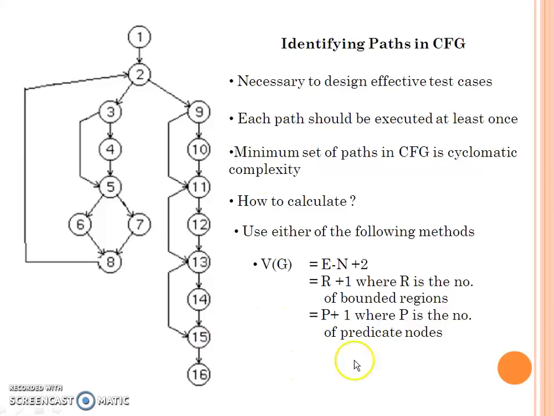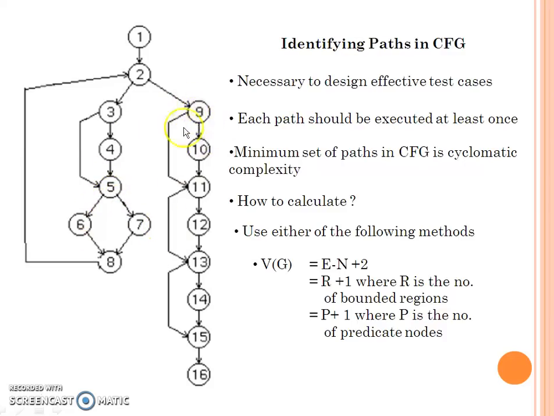And finally, we can use the third formula, where P stands for the number of predicate nodes. Predicate nodes means nodes which have the out degree more than 1. That means more than one edge is emanating from that node. One such is in node number 2, where we have 2 branches. Similarly, another one is at node 3, there are 2 branches. One is at 5, there are 2 branches.